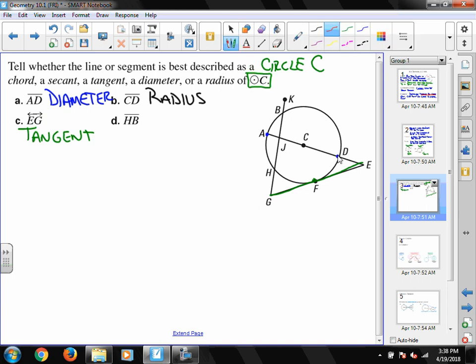Red here. HB, this whole segment here. Again, it is a line segment, so it stops. It's not a line. EG was the only line we were working with. HB goes from one side of the circle to the other, but it doesn't pass through the center, so that is going to be a chord.